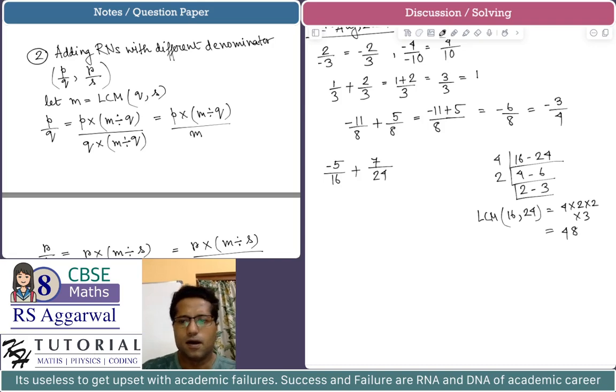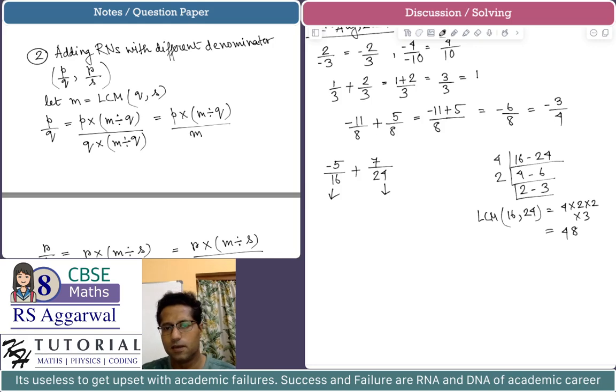Now, what you do is, while doing the sum, I have to convert both these rational numbers to their equivalent form, so that both the equivalent rational numbers will have the denominator 48. Now when I am converting minus 5 by 16 so that it has denominator 48, what will I have to do?